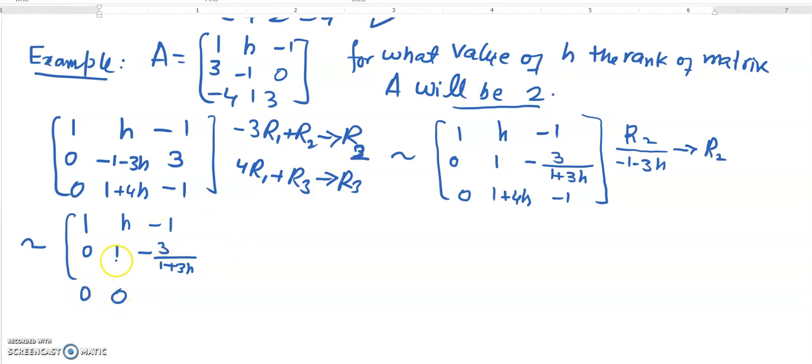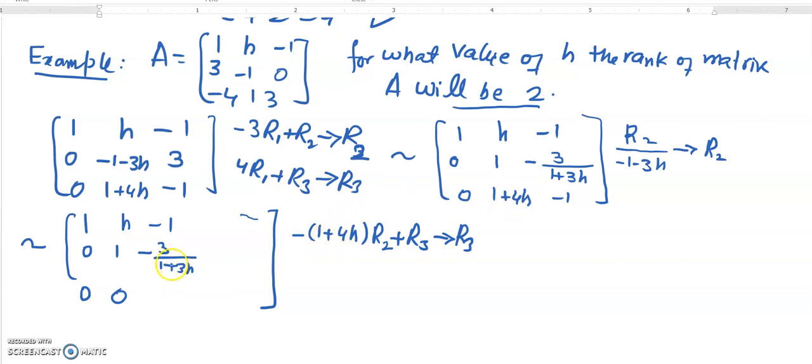This will be by multiplying the second row by minus 1 minus 4H and then adding it to the third row. So the row operation is minus 1 minus 4H times row 2, and then add to row 3, that will be row 3.